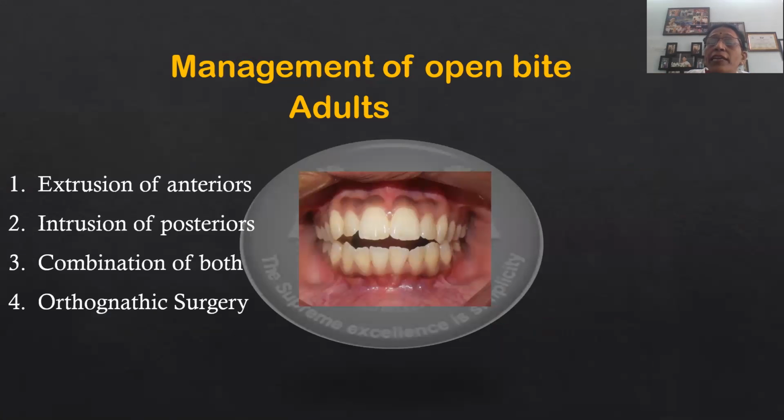But when it is an adult skeletal open bite, either the options are camouflage or surgery. And in camouflage, you can do an extrusion of the anteriors, intrusion of the posteriors, or a combination. And the best, in cases where the face is unesthetic, where it is a skeletal open bite, orthognathic surgeries work best.